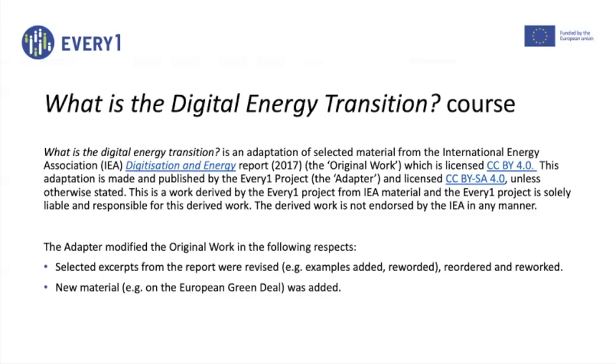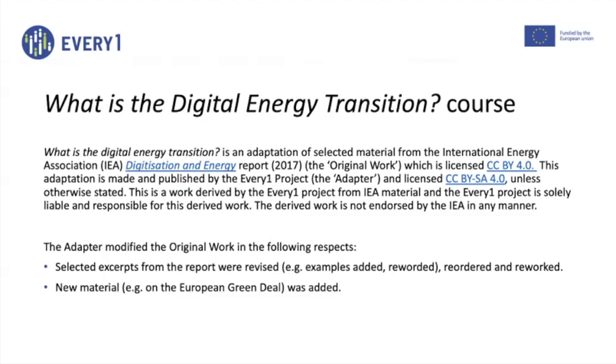So you can see this kind of statement here allows us to say that we have adapted the digitalization and energy report or some of the report content, and that we've made certain changes to it, and the changes are acknowledged here in the bullet points. And then also we've included a couple of required statements from the IEA. So it says here, you can see in the final two sentences that we are solely liable and responsible for the derived work, and it's not endorsed by the IEA.